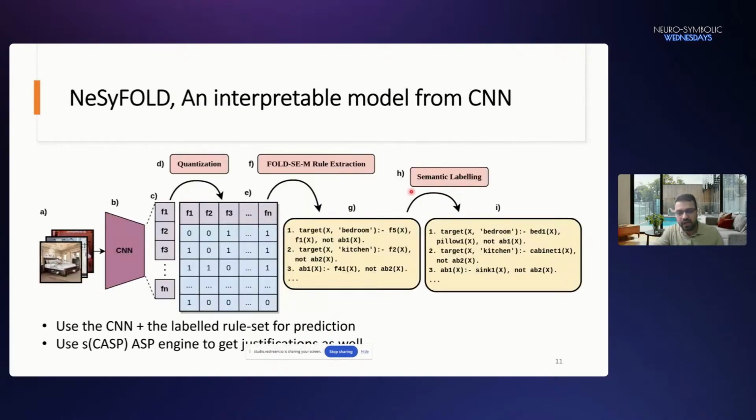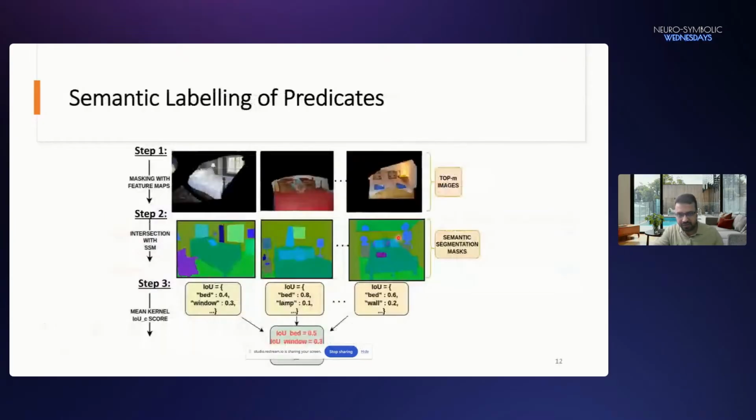Let's say we take a look at this F5 filter, right? We have these F5 filter's activation maps that are overlapped with the images. So we'll find the images that most activate this filter, some top M images in this case, and we'll take the overlap of the filter's receptive field, or the area in which that filter mostly looks at, right?